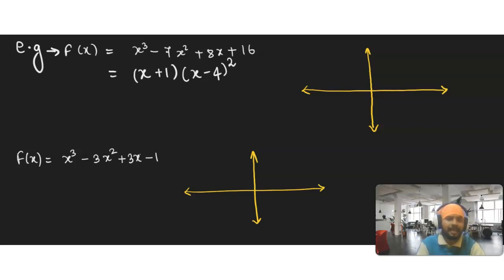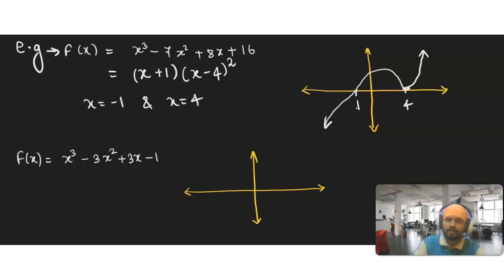Since the x-intercepts are x equals -1 and x equals 4, and 4 has a multiplicity of 2, the graph will touch the x-axis at 4. Since the leading coefficient is positive, with x equals -1 here and x equals 4 here, it would cross the x-axis at x equals -1 and touch the x-axis at x equals 4. So this type of graph would be there.